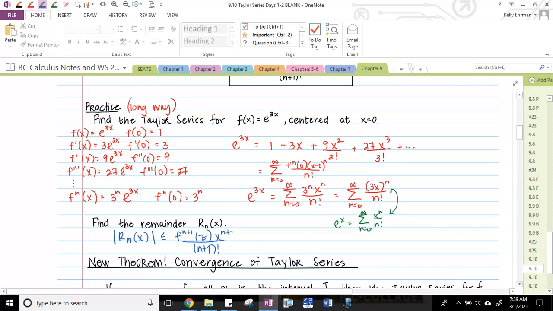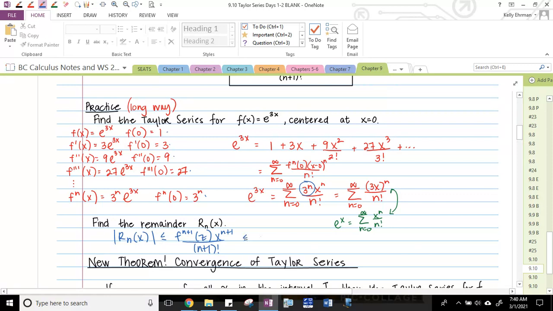There's no x involved in this. So instead of the n plus 1 derivative at z, this term right here had always been evaluated at the center, which is 0. So I don't have to think about, well, what if z is between the center and some approximation? That's not relevant for this particular series.